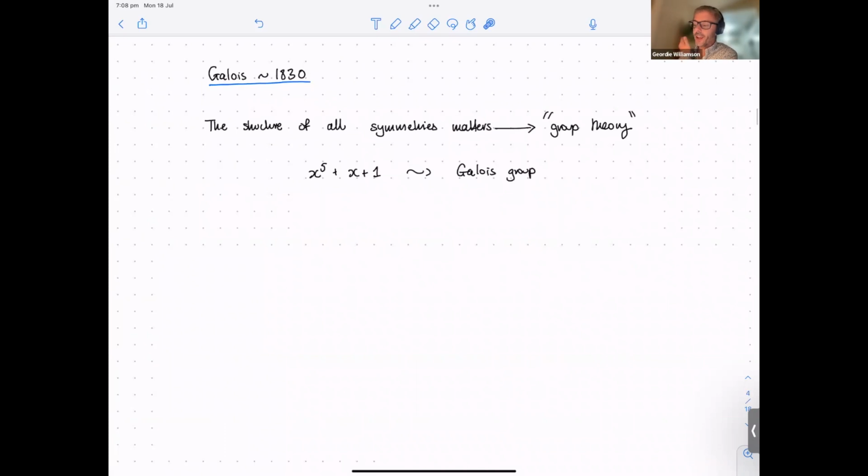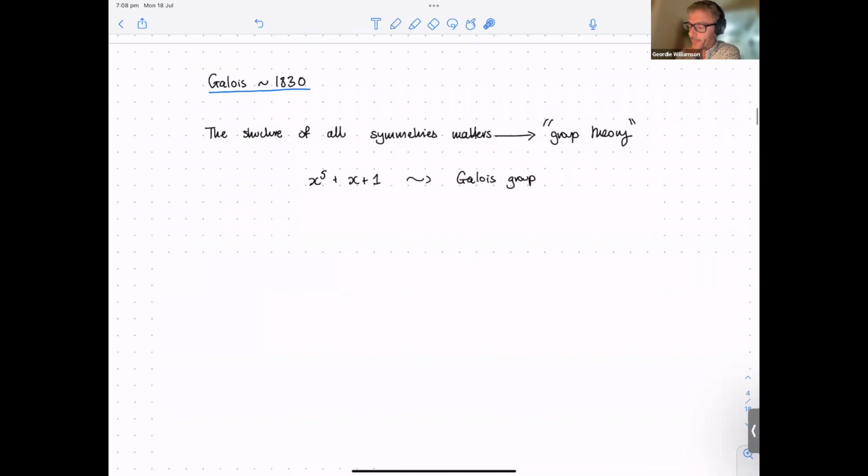So I just want to emphasize what Galois pointed out in about 1830, nearly 200 years ago: if you consider the set of all symmetries of a situation, these form a group, and the structure of this group of symmetries matters.